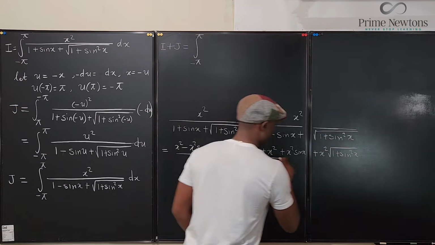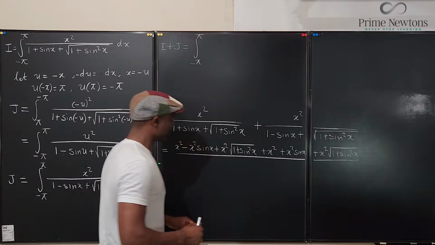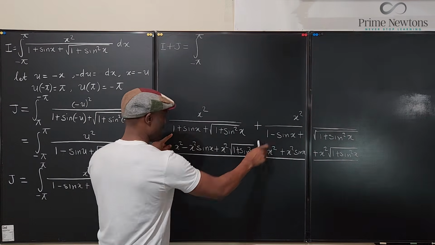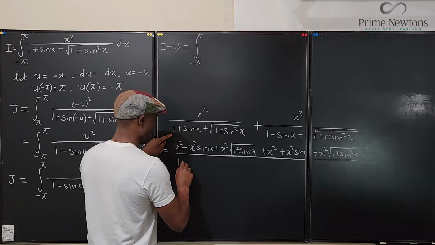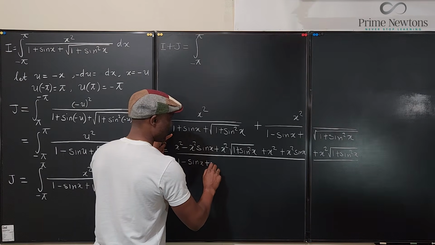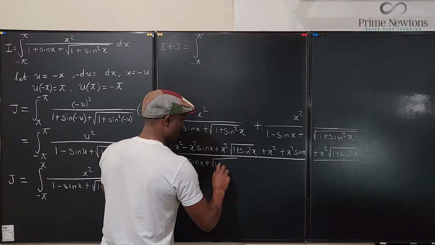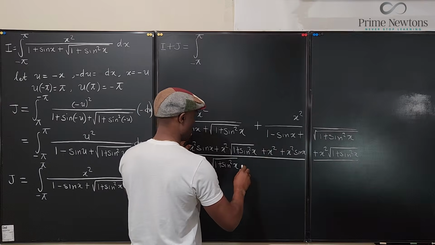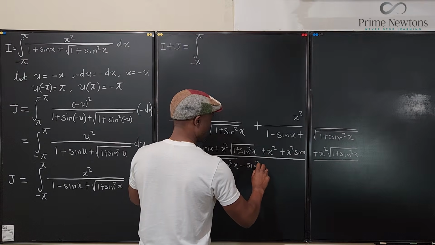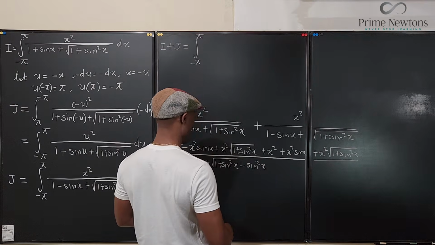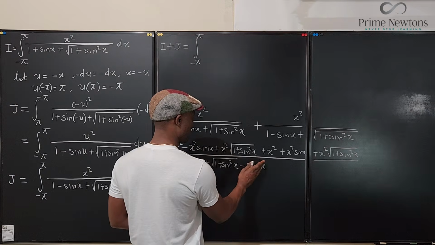And the denominator is going to be, so this is going to multiply this. Let's start. This is going to be 1 minus sine x plus square root of 1 plus sine squared x. This multiplies this, you have minus sine x first.